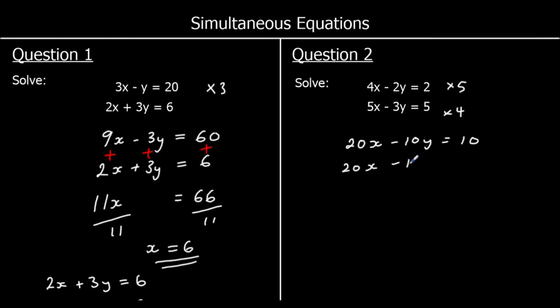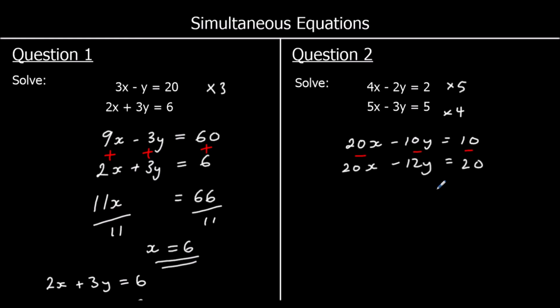3 4's are 12. And 5 4's are 20. So I've got the x's the same. To get rid of them, we're going to take away. So we're going to do the top equation take away the bottom equation. So 20x take away 20x is nothing. Negative 10y take away negative 12y.